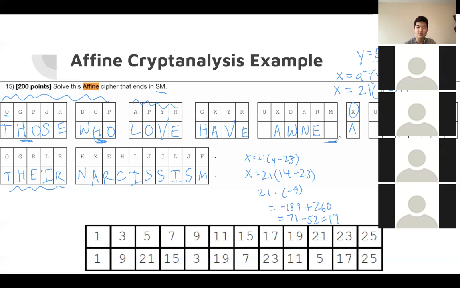Or you can just guess what this letter is because it looks like it's past tense and it has have before it. Part. Yeah, part would be right. And then that makes this P and then of. Yeah. So it says, those who love have pawned a part of their narcissism.